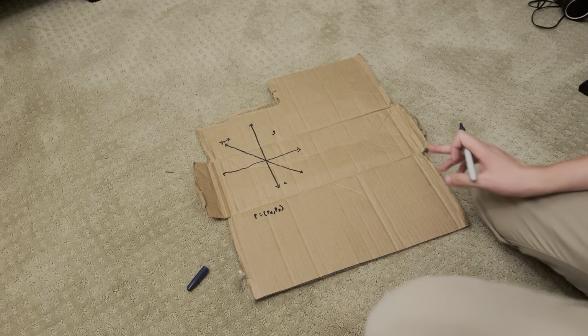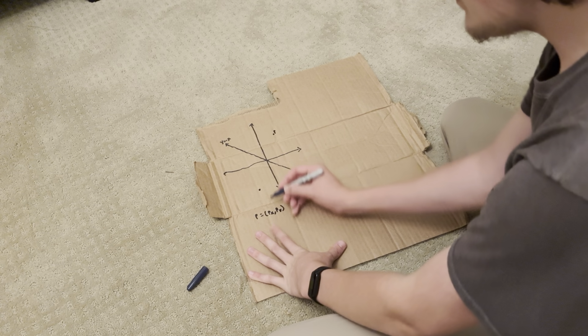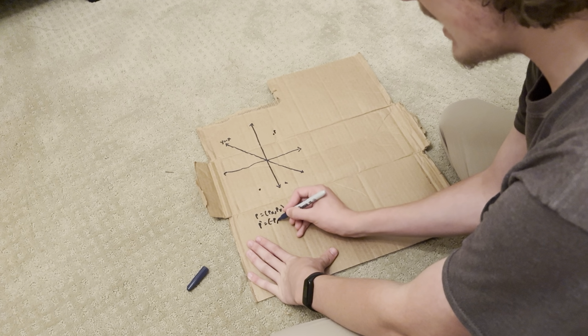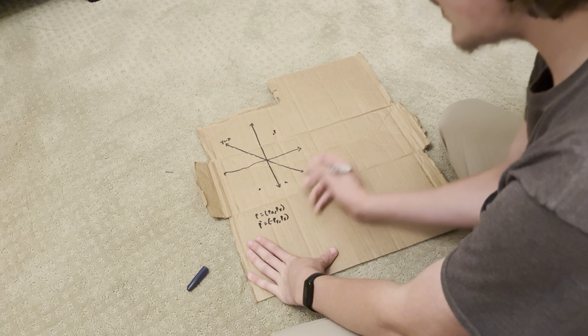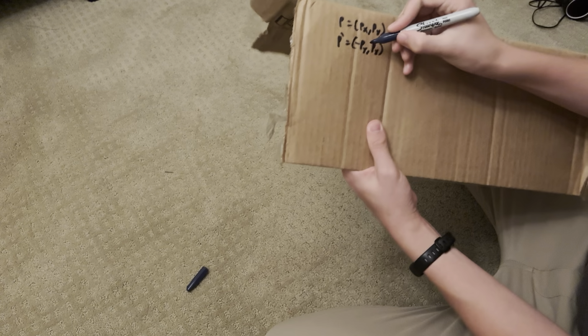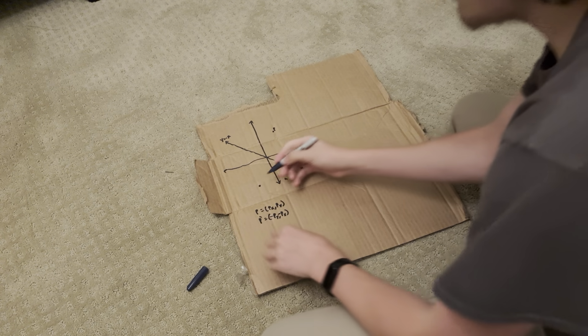To reflect it across the line, her sheet said that P prime was equal to negative Py, negative Px. So the y and the x are flipped, and they're both negative, which makes sense to me.